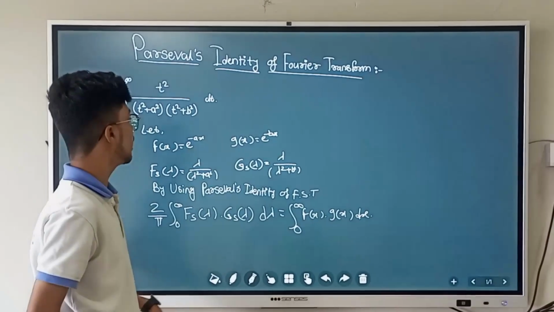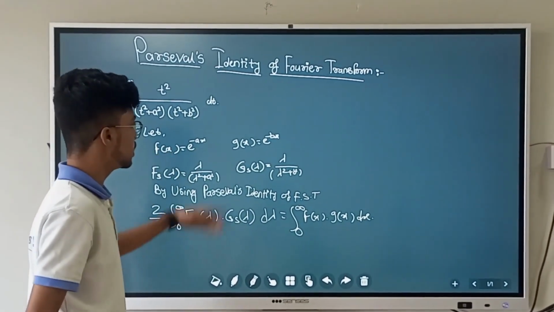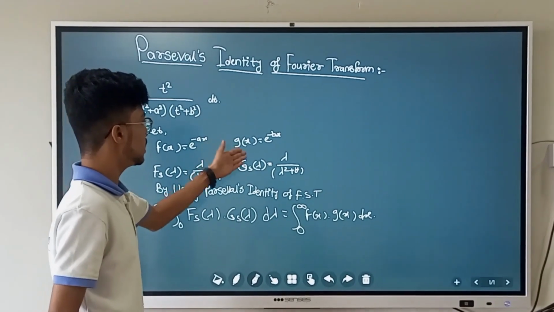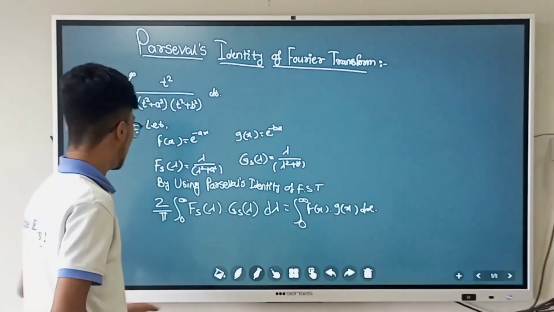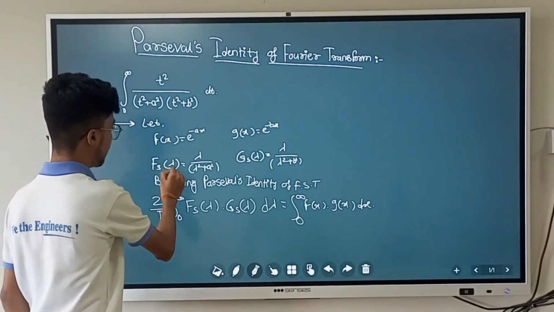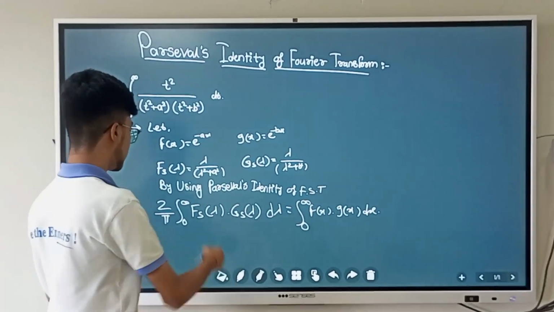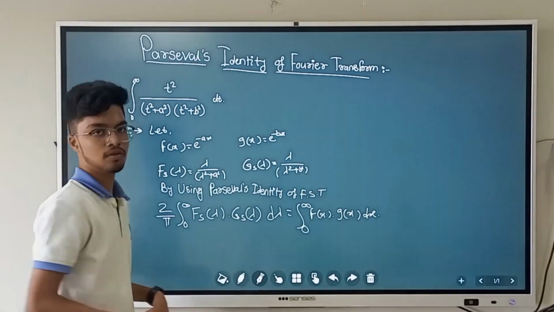We have found f of x is e raised to minus ax and g of x is equal to e raised to minus bx, and we have also found Fs of lambda and Gs of lambda. So we will put all of these in this formula.